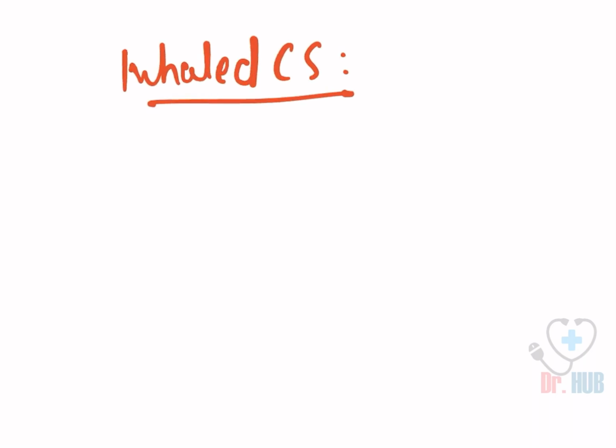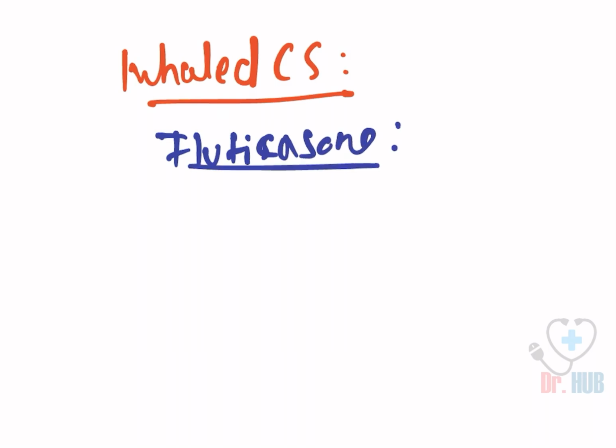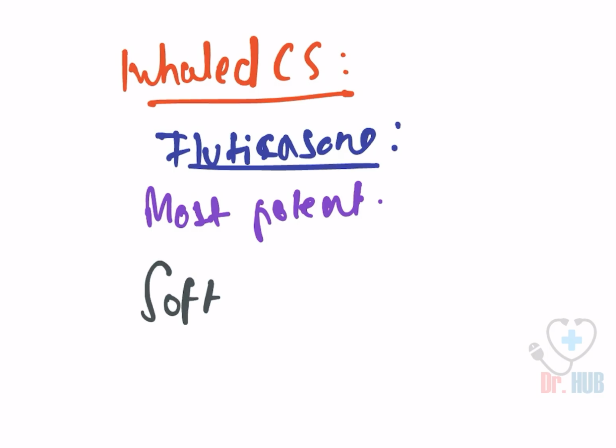Next, we focus on the inhaled corticosteroids. That is, here the fluticasone. So this fluticasone is very important, it is the most potent. And next we also have the soft steroids.